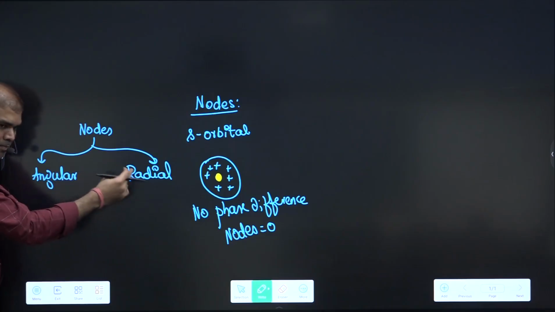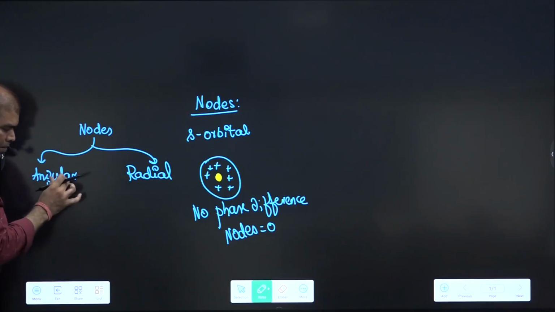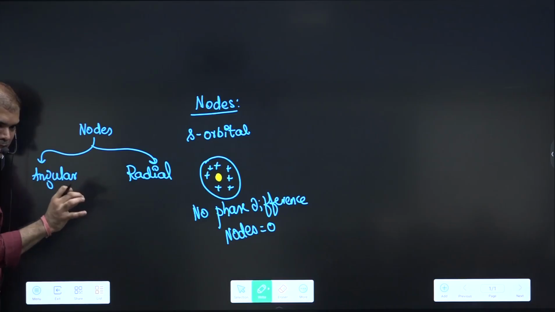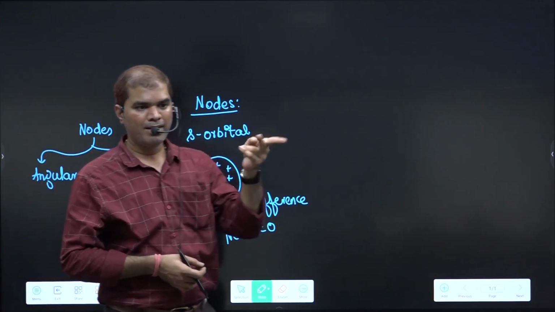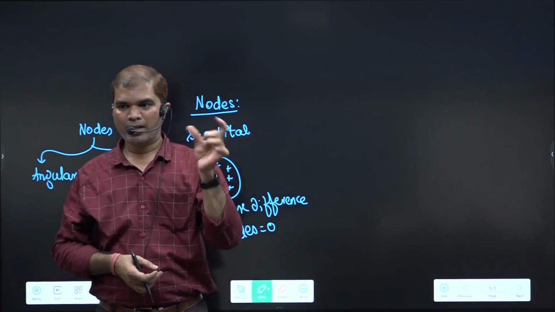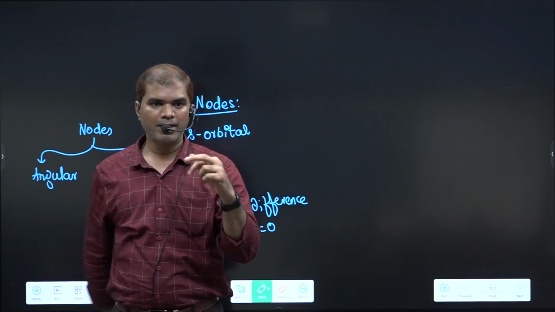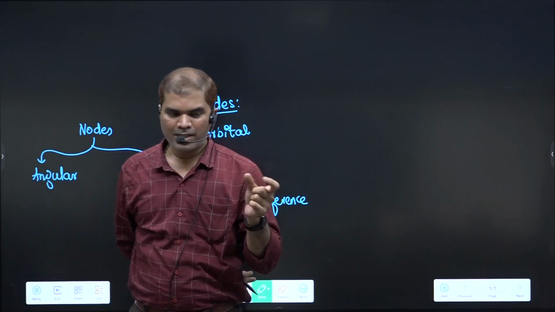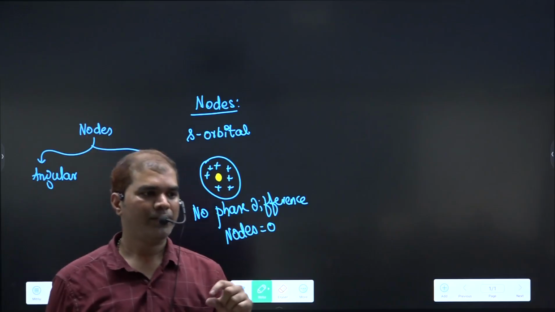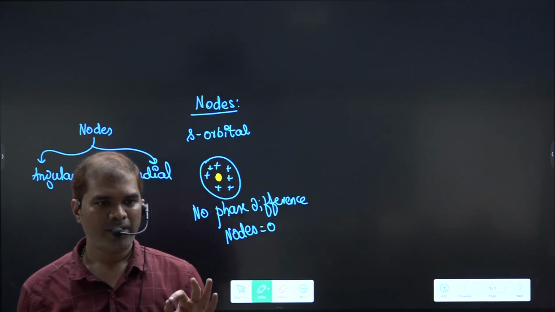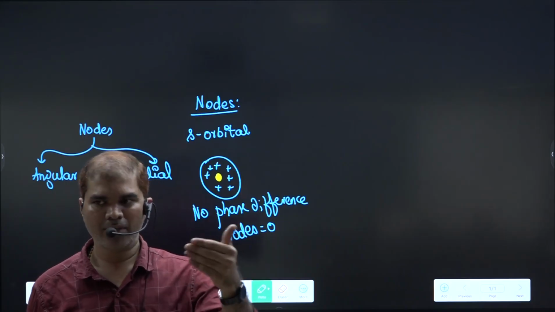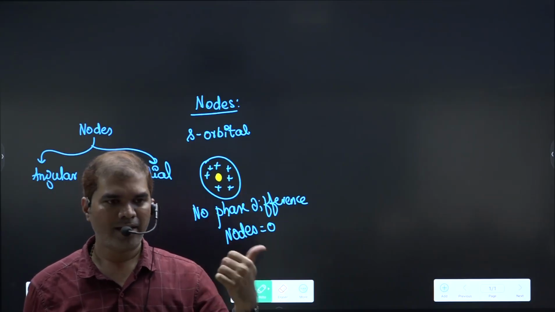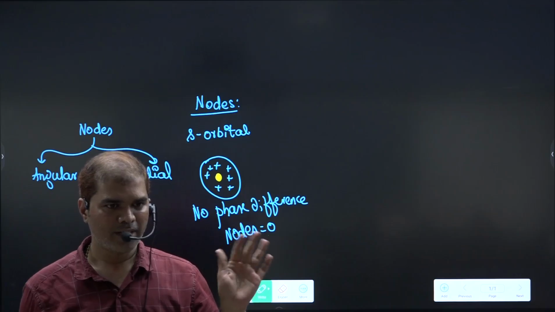Angular node is different from radial node. Angular node is with respect to that particular orbital only. It is like in organic chemistry we study intramolecular and intermolecular. Intra means within, inter means in between. So if there is any node within the orbital, it is an angular node. And if there is any node, a phase difference or a sign difference, in between the orbitals, that is a radial node. Okay, I am putting it very simply.